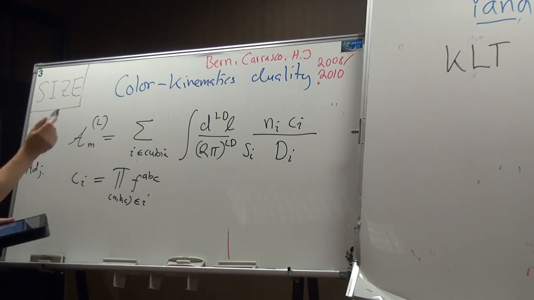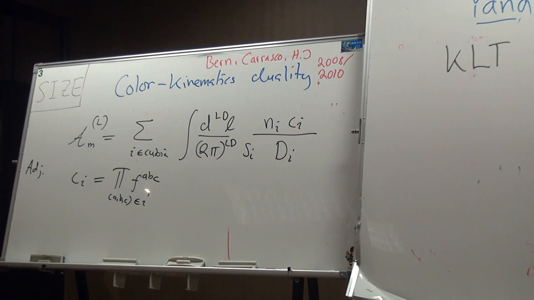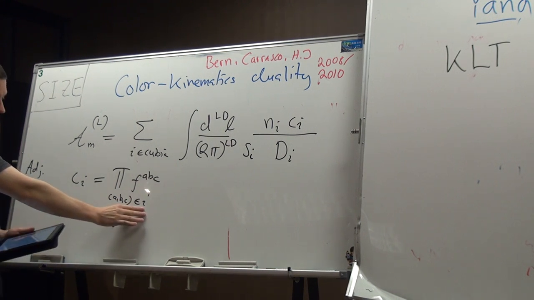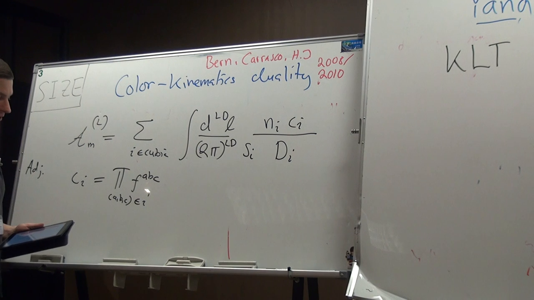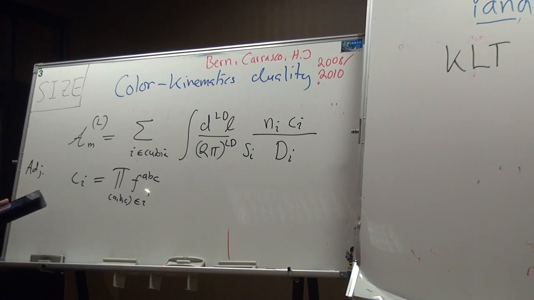So the diagram is going to be called i. And typically, when we do high loop calculations, we just refer to each diagram as a number. Diagram 1, diagram 2, diagram 3, etc. So that's why I call it i. But it's a diagram. So the product just runs over all the vertices. This is just the usual way of dressing a Feynman diagram with color factors, with f^{abc}s.